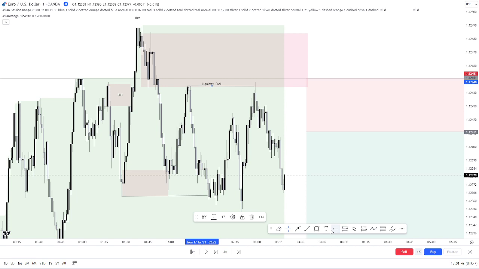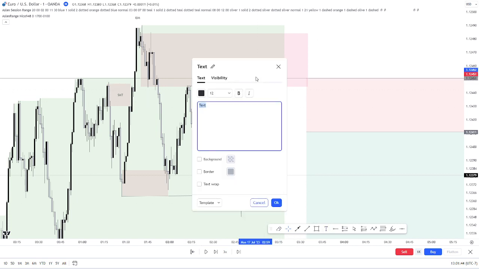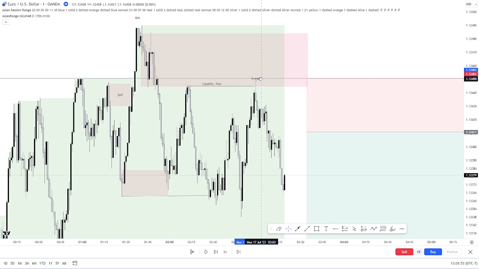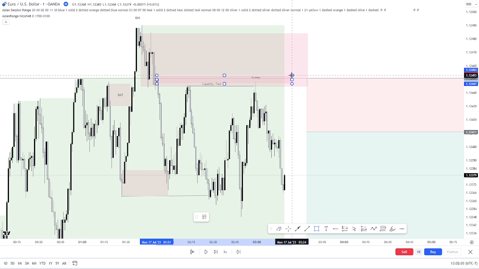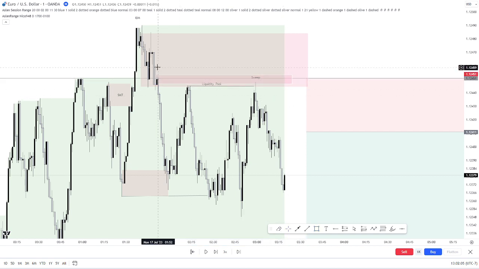That was then swept. That then mitigated the last imbalance of relevance. There's a little slight one, but it doesn't cause as big a reaction as this one right here. So we're going to keep this right here.